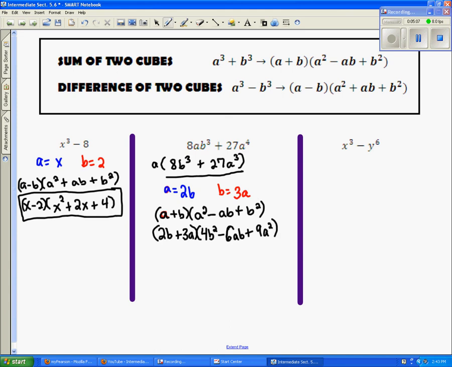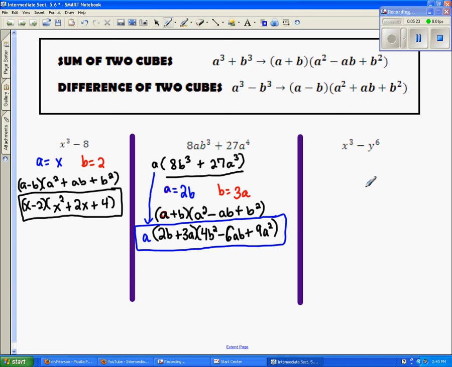Well, that's that, but I cannot forget I got to carry down my GCF. That was the original GCF that I took out. So overall, the factored form of this problem is going to be that solution.